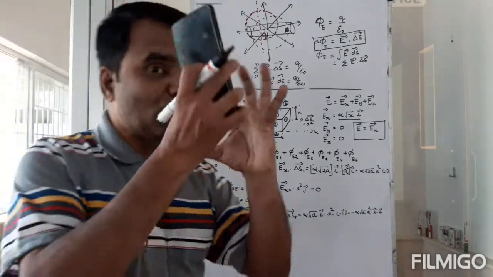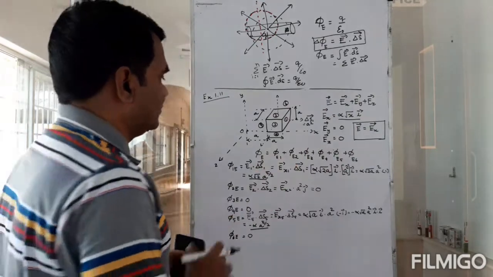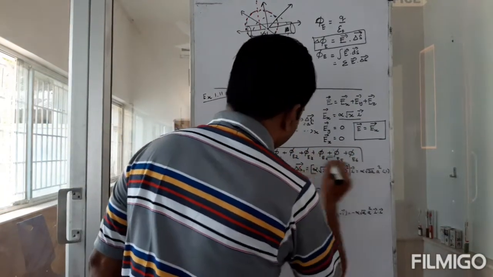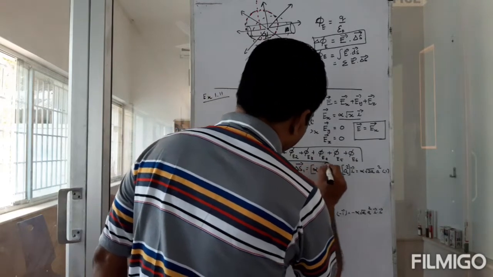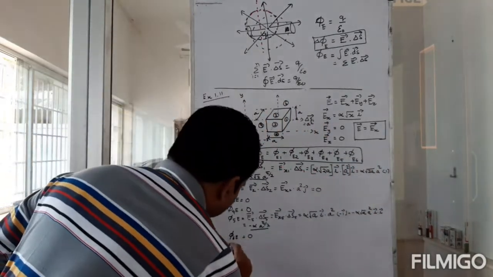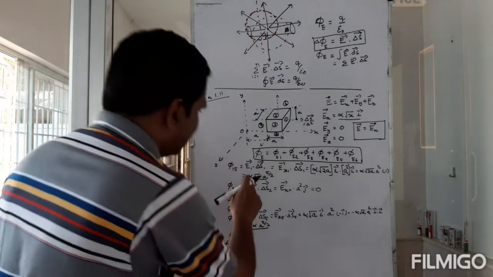Now, if I want to find the total flux through the surface, I must add all these things here. So total phi E is equal to this.